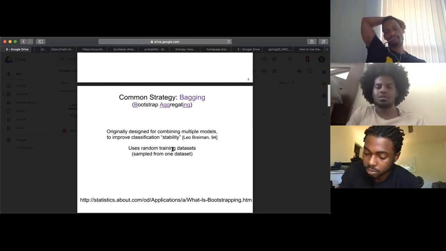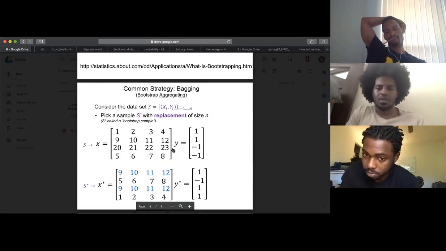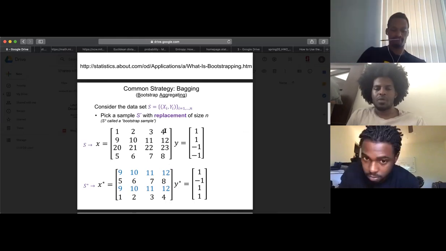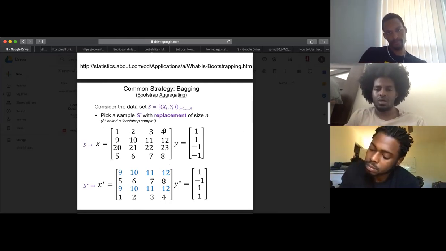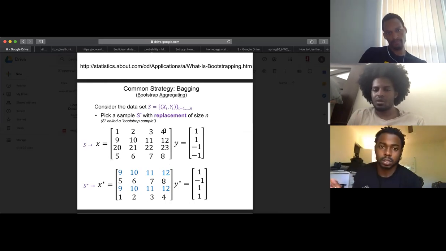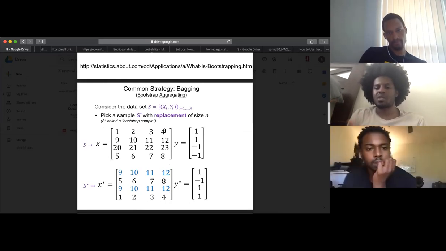The idea of bagging is that you have a total data set of samples of data points. And what you're doing is selecting some random subset of them, but still comprised of the original dimensions of the full data set.